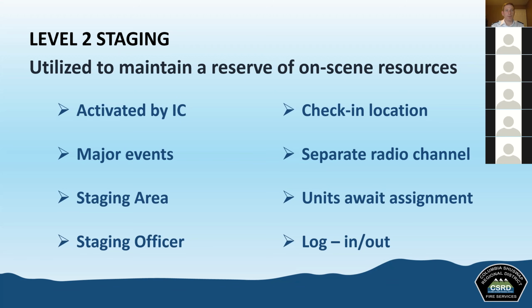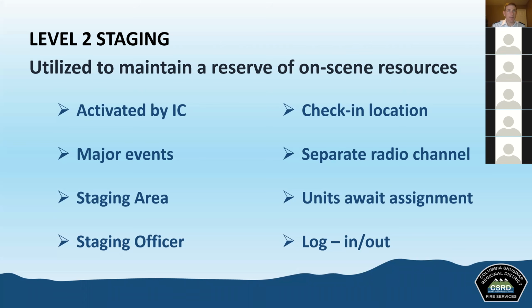So those responding resources are going to report to the level 2 staging location. Any resources that are already staged at level 1 at the call, or any that are en route to level 1 already, can stay there unless the incident command decides that they don't need you and sends you away, right? All other responding units, once that staging is set up, should be proceeding to that level 2 staging area.